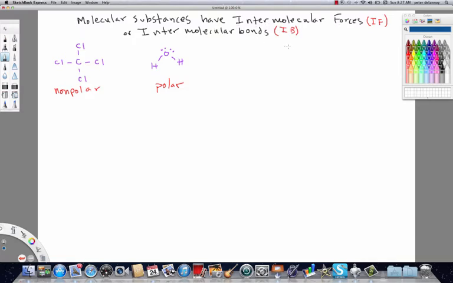And basically, both of these terms, whether we're talking about IFs or IBs, are a reference to the forces of attraction, all right, between molecules. All right, so between molecules.